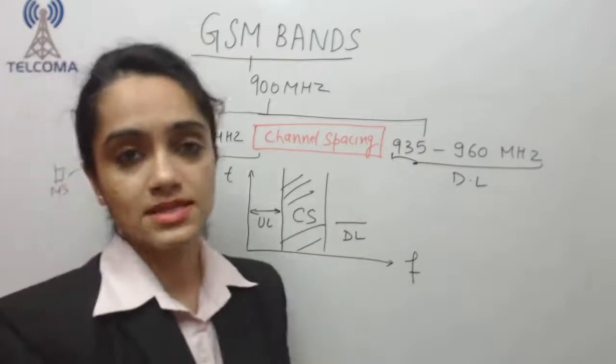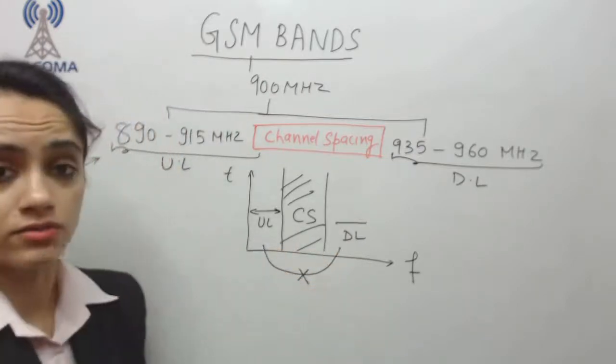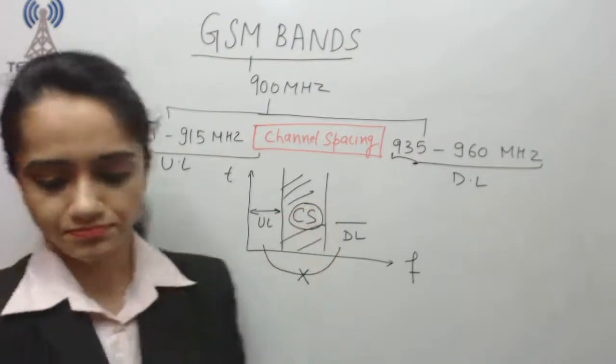Why is channel spacing required? So that uplink frequencies will not interfere with our downlink frequencies. That's why we need to give channel spacing here.